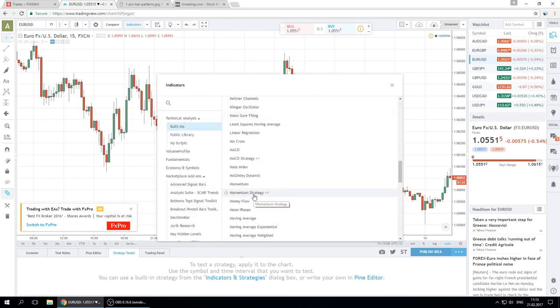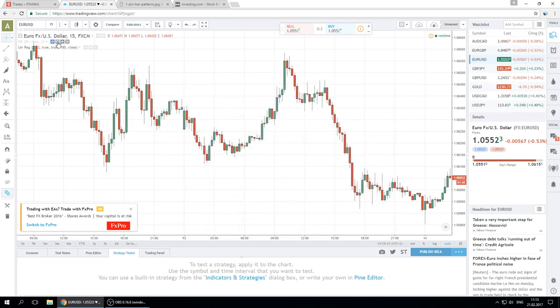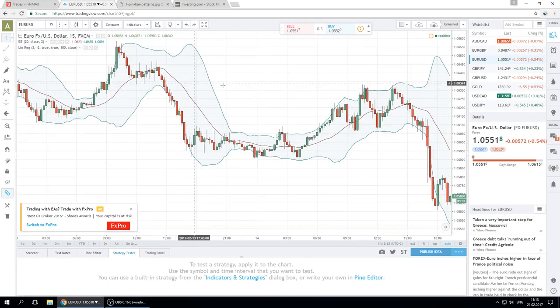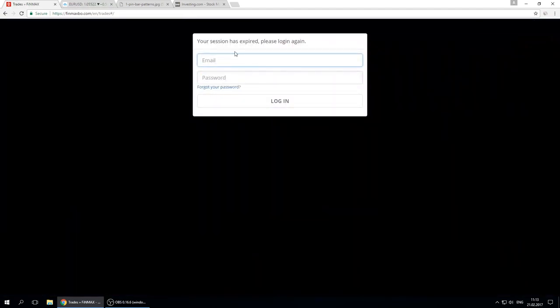Because the prices are at their peak, some issues with TradingView. Okay, let's switch to our website, and I will show you that on our website.